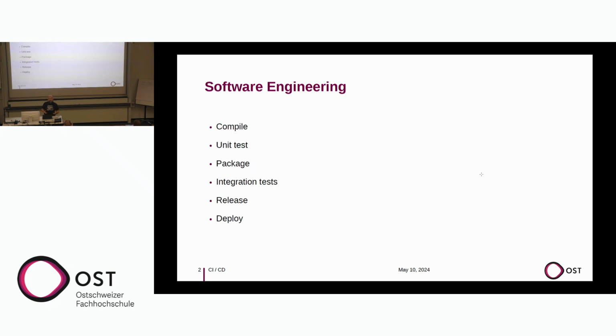When we are talking about CI/CD pipelines, we have to make integration tests to see if it works together with our other stuff. And then of course we need a release process and we need a way to deploy, right? So that's kind of the challenges we have.